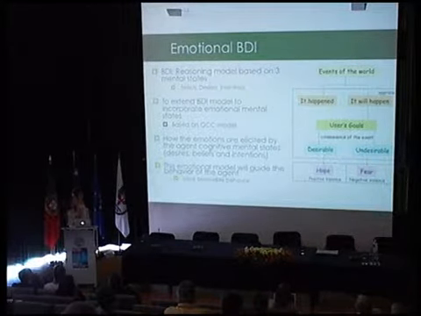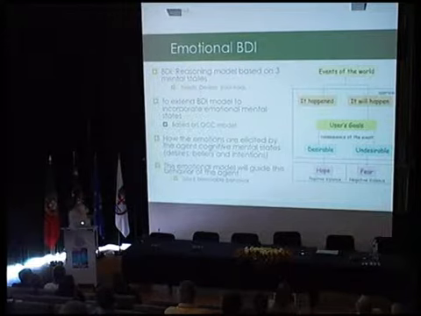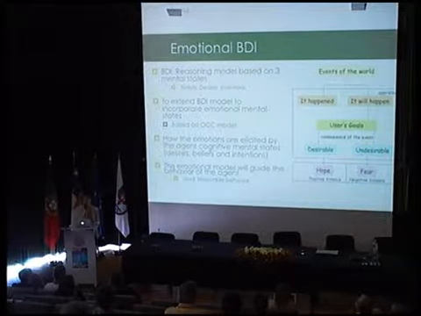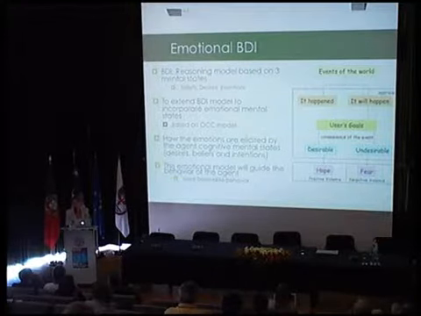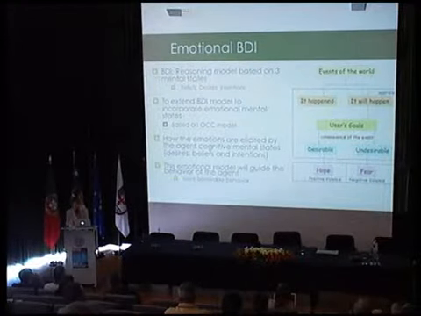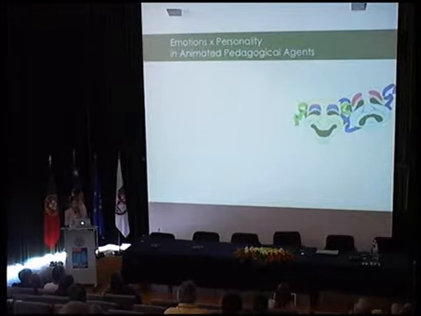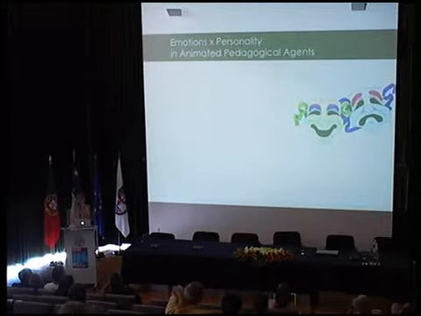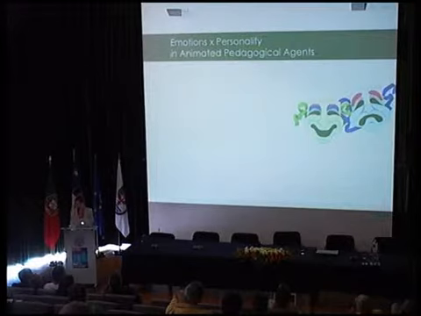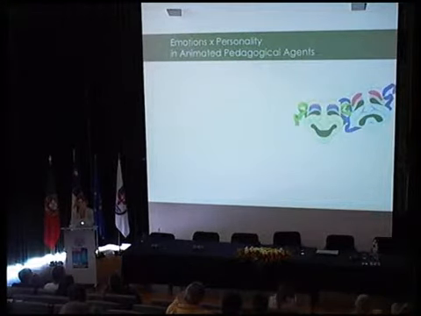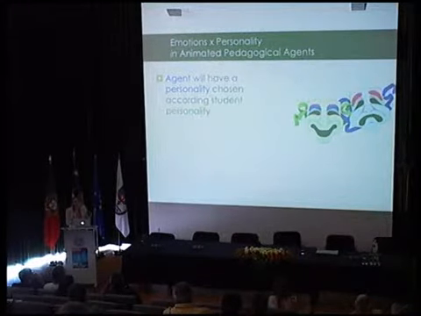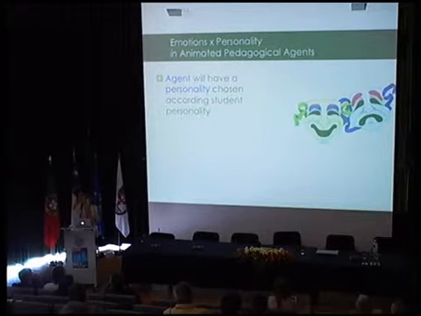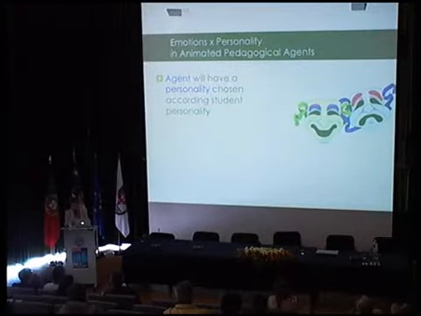And the main idea is that the emotions are going to be elicited by these mental states of the agent: desires, goals, intentions, beliefs. We also work on the expression of emotions by the agent according to its personality. So if the agent is a shy one, he's going to show behaviors that are more shy.